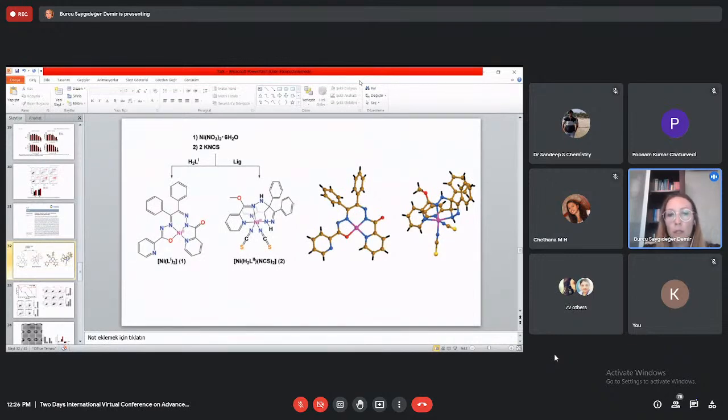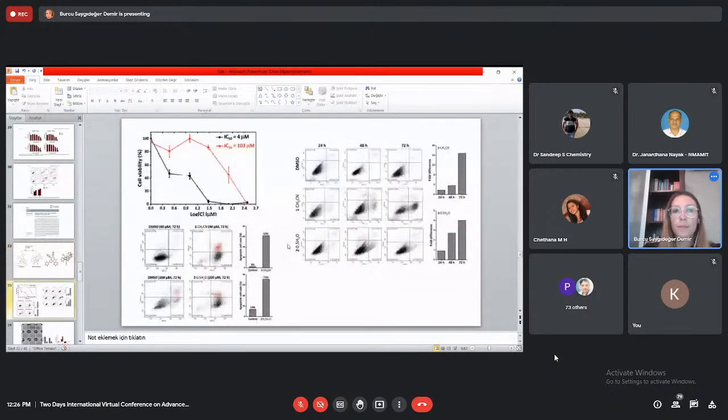These are new nickel complexes with hydrazone ligands. The anti-cancer activity of these novel nickel hydrazone complexes was investigated, and they were found to be quite effective in A549 lung cancer cells.